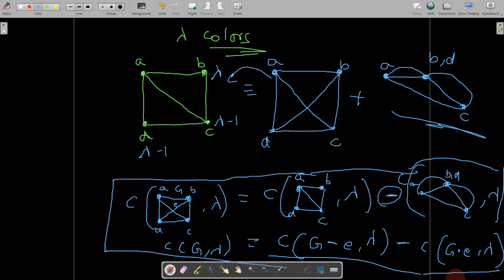You can use this to code and find the chromatic polynomial of your graph recursively.